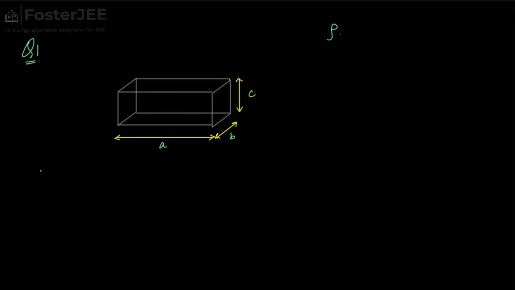The first part of the question is the resistance between these two faces. The second part is the resistance between these two faces, and the third part is the resistance between these two faces.